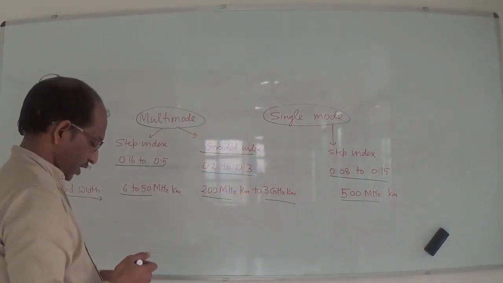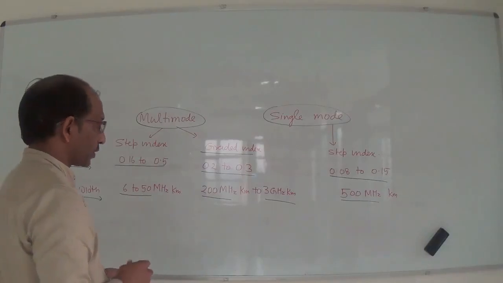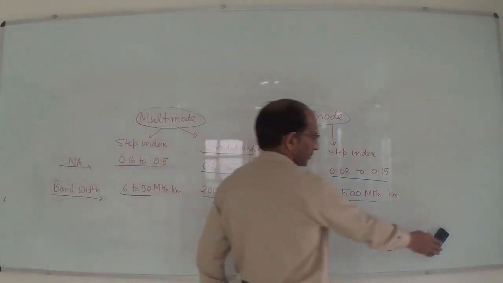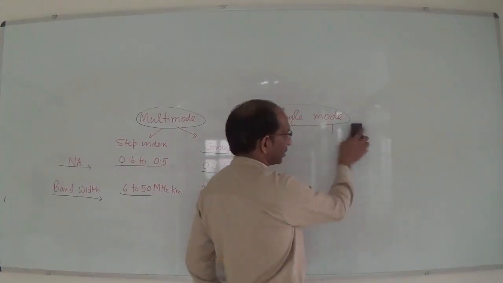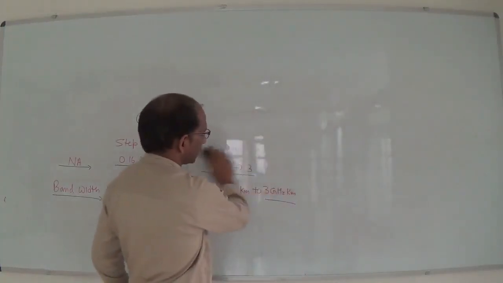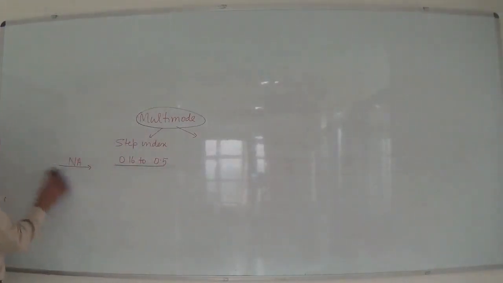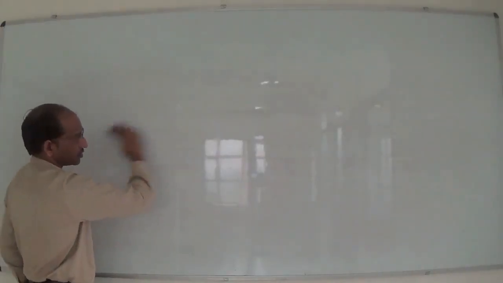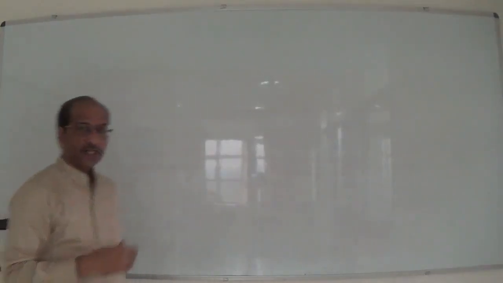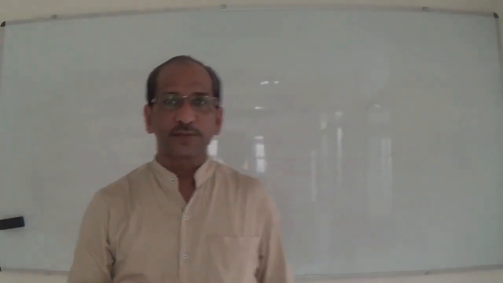So this we have already discussed, and now we will discuss one more important parameter, that is called V number, normalized frequency. Before we discuss the normalized frequency, when we characterized the optical fiber, we mentioned that it depends on three parameters.